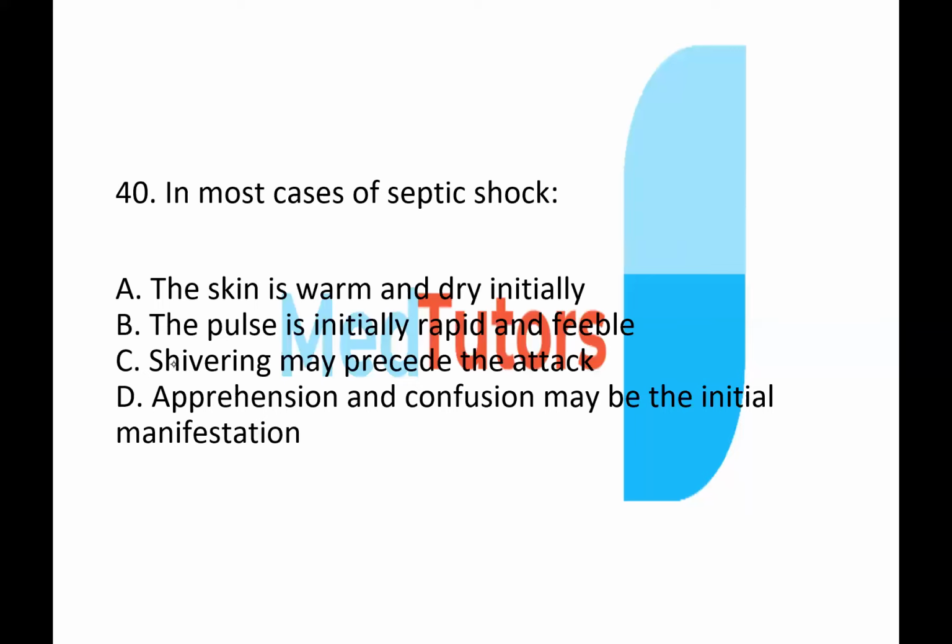In most cases of septic shock, the skin is warm and dry initially. You know, septic shock is a form of distributive shock. And in distributive shock, you have peripheral pooling of blood.